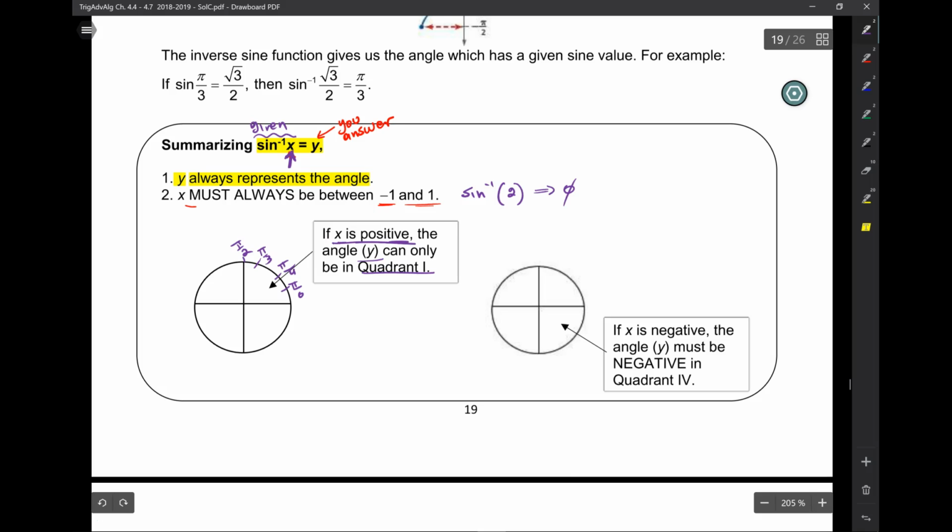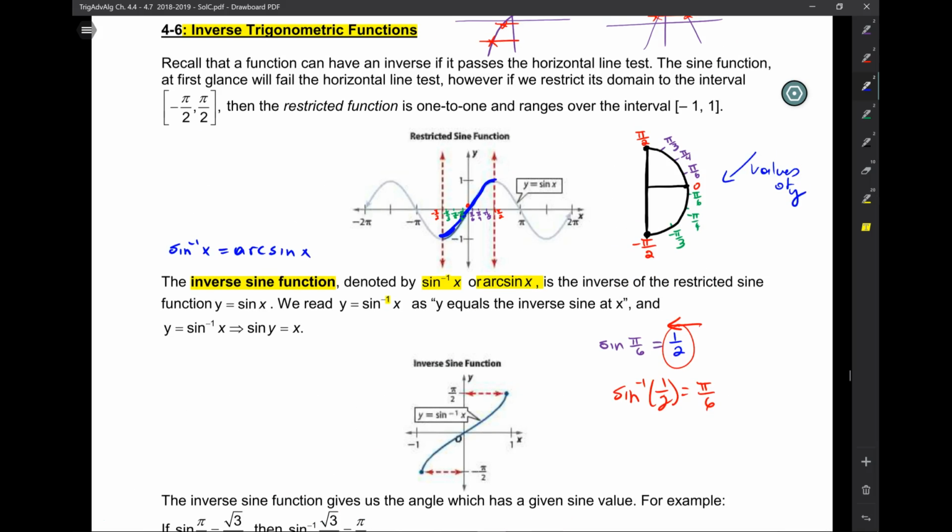If x is negative, it's in quadrant 4, and it's negative pi over 6, negative pi over 4, negative pi over 3, negative pi over 2. If it's positive, it's only in quadrant 1. If it's negative, it's only in quadrant 4. Your answers cannot be anything other than these 9 values.